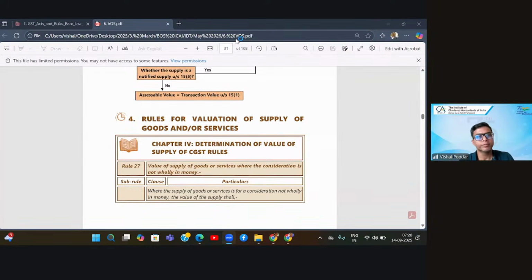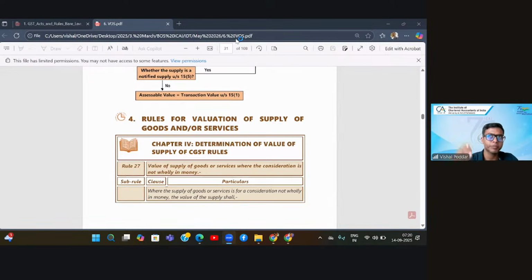Now today we will be discussing these valuation rules in detail, and these are the most important concepts, students, from the exam point of view, because in the valuation chapter, a major thrust from the exam point of view is on the valuation rule part.